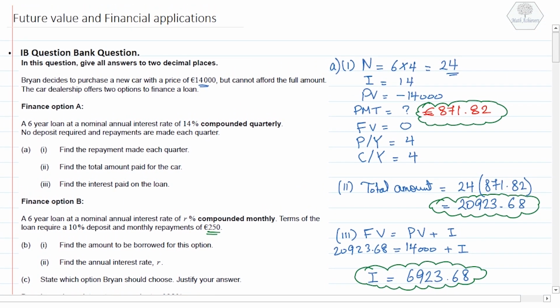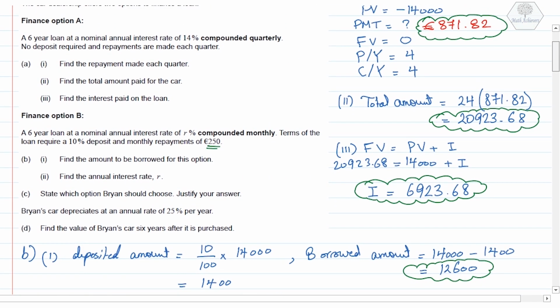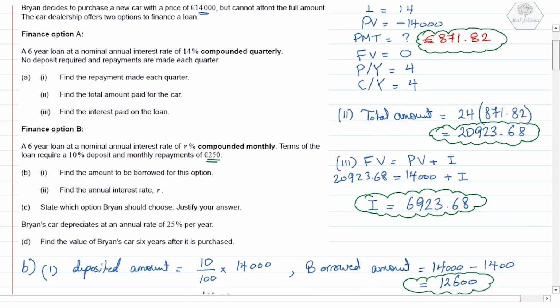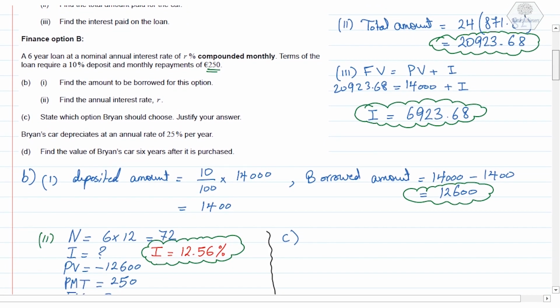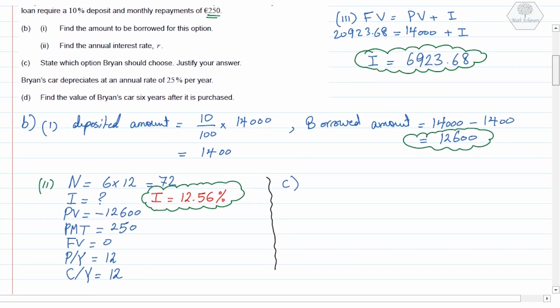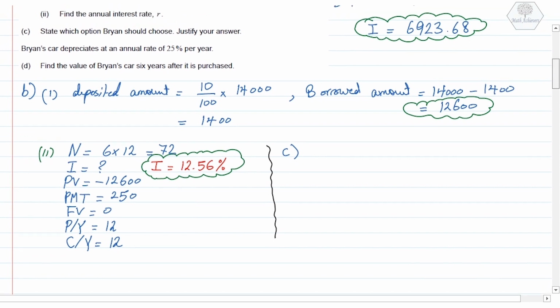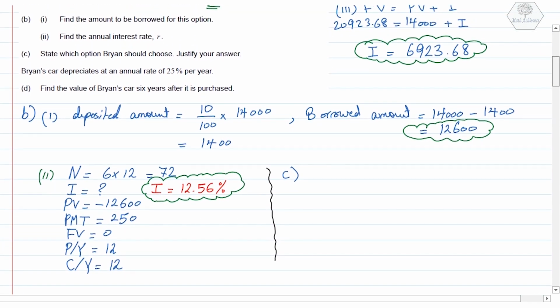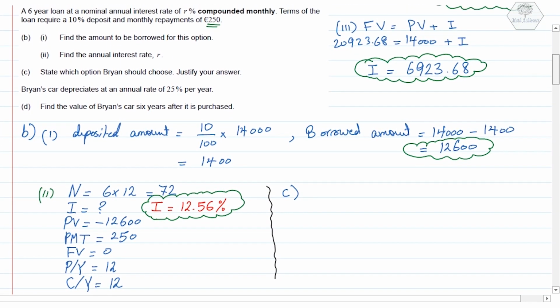If we want to justify which choice is better for Brian, we can see that the first loan has a higher interest rate, and he will be paying a bigger amount as interest, while the second loan has a lower interest rate, but he has to pay a deposit amount.